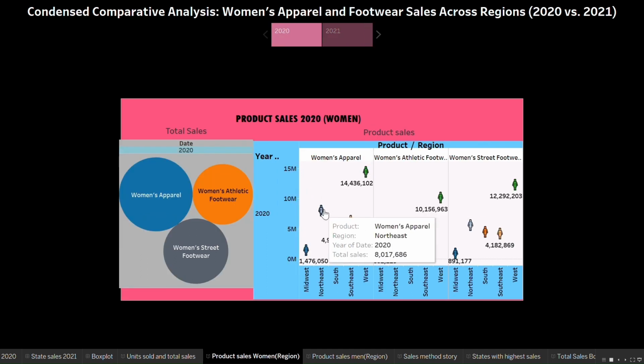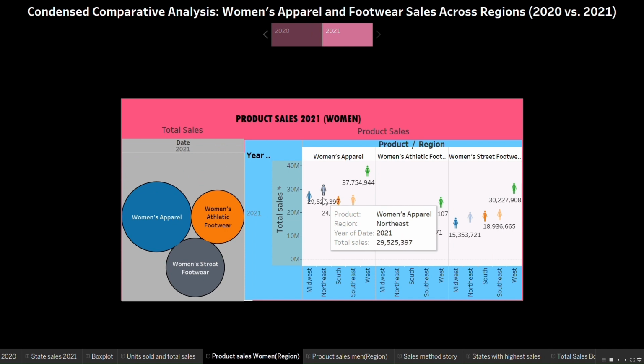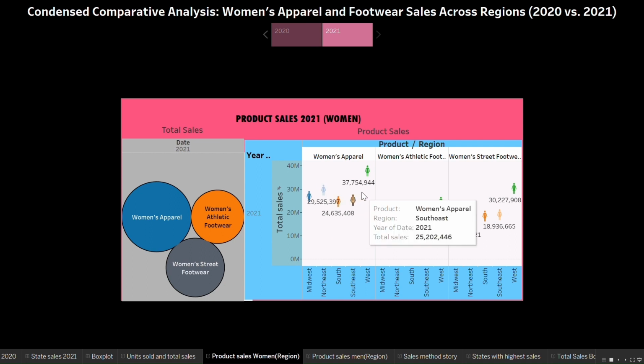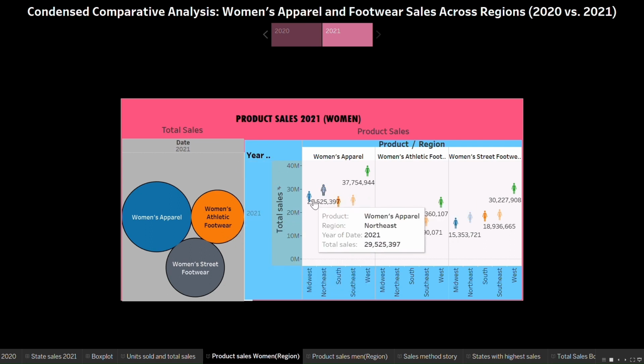For the Northeast, 8 million in 2020, and then 29 million in 2021. So we can see there was a lot of increase in sales from 2020 to 2021 for women's apparel. Same for women's athletic footwear.